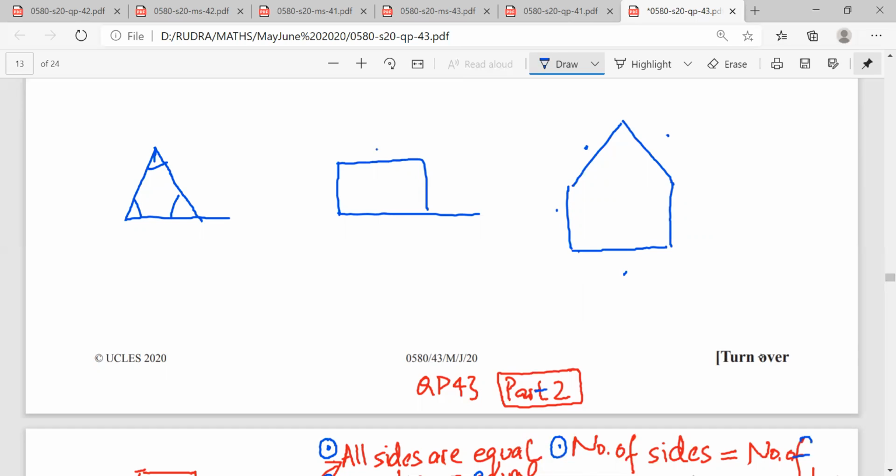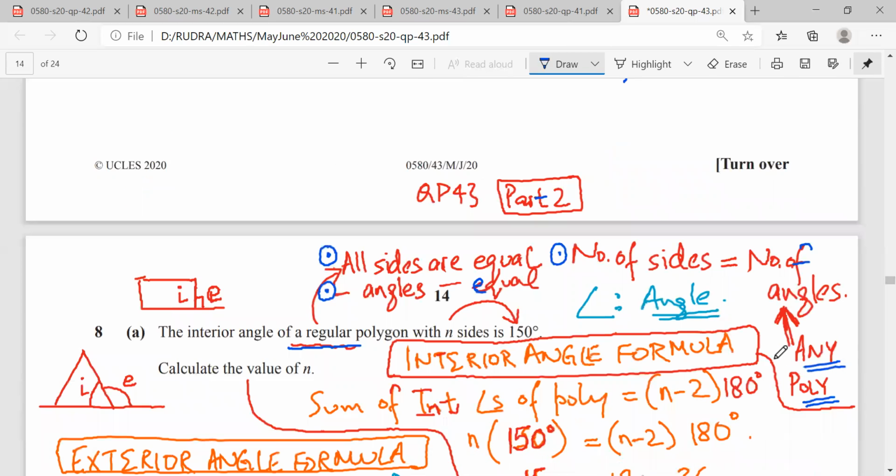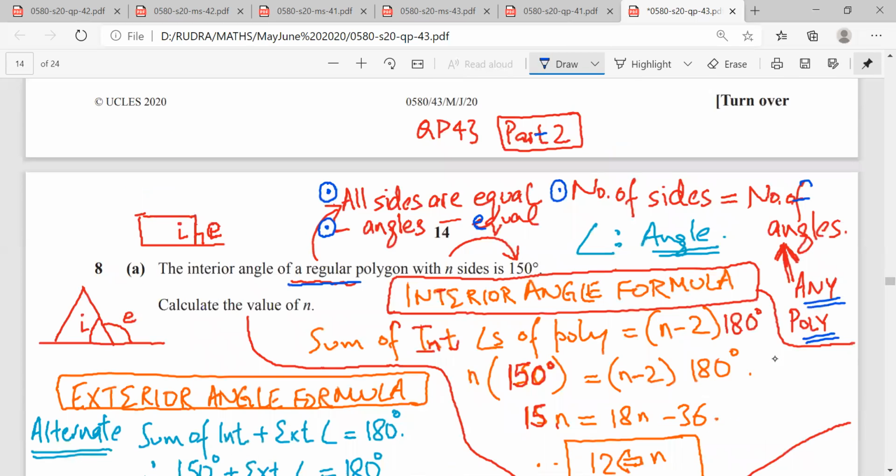The number of sides is 4, therefore the number of angles is 4. The number of sides is 5, therefore the number of angles is 5. That is why, for any polygon, the number of sides is equal to the number of angles. And for a regular polygon, all the sides are equal and all the angles are equal.